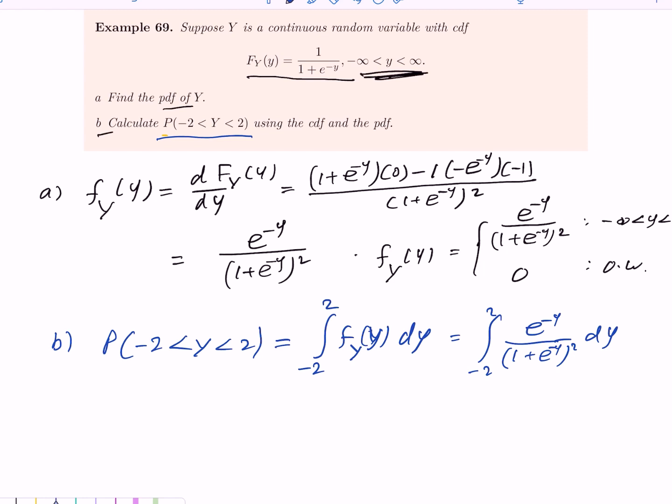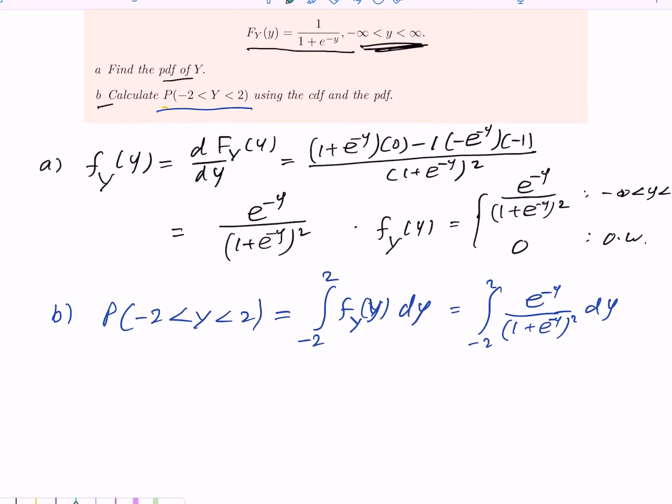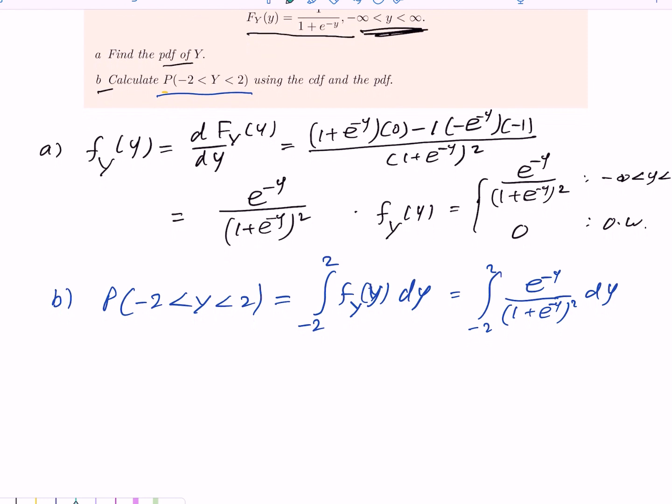You can use the substitution method to integrate, but there is an easy way. When you have the CDF, it is easy to get the probability. So let me explain using this. This is the one you can integrate here, but let me tell you like this.